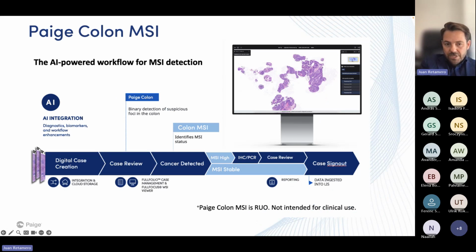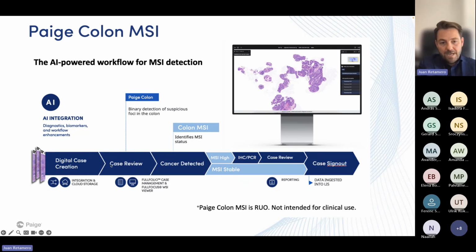Obviously, another challenge is that if we develop this tool that can look at the tumor morphology and screen for MSI status, it should be seamlessly integrated in the diagnostic workflow, and certainly in a digital pathology environment provided by Paige that ranges from digital case creation to the diagnosis of the case, aided by tumor detection.